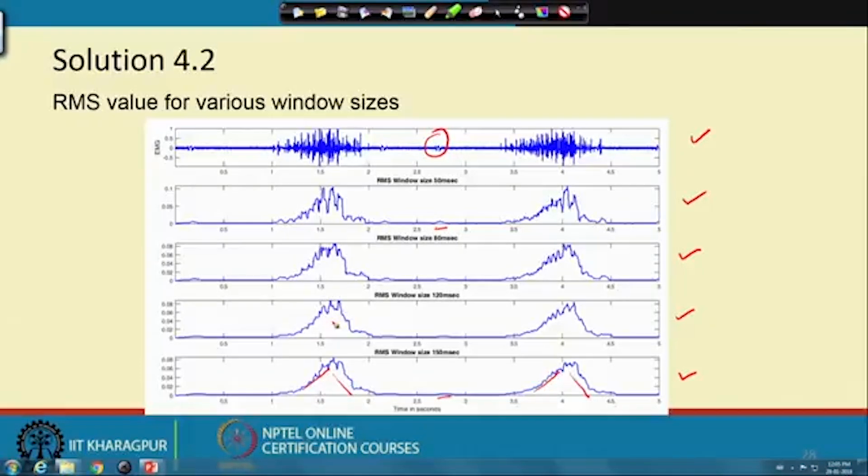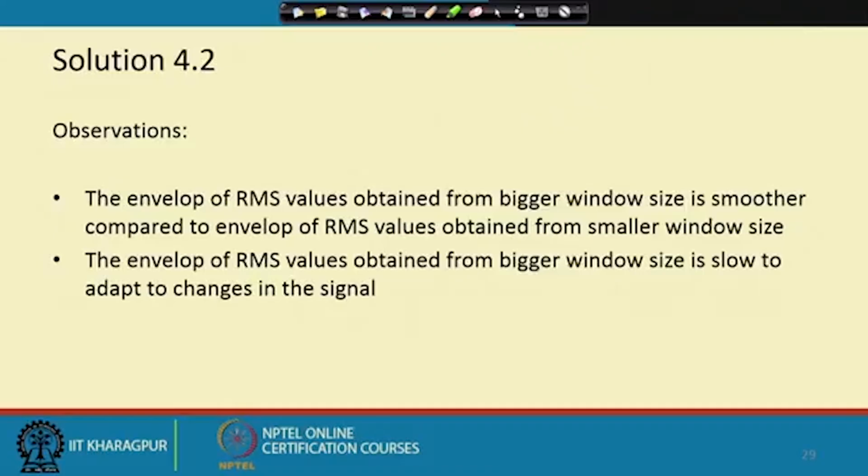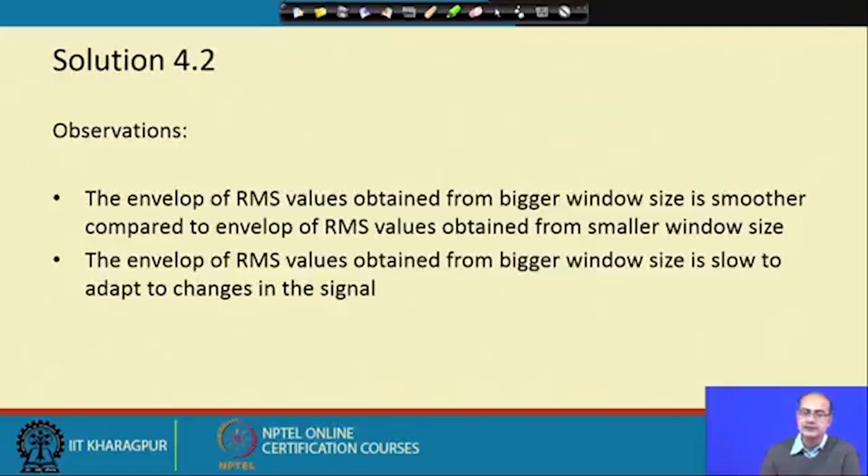Okay. So, that is the thing we observe here, and at the end we conclude that the envelope of the RMS value obtained from a bigger window size is smoother compared to the RMS value obtained from a smaller window size, and the envelope of the RMS value obtained from a bigger window size is slow to adapt to change in the signal.